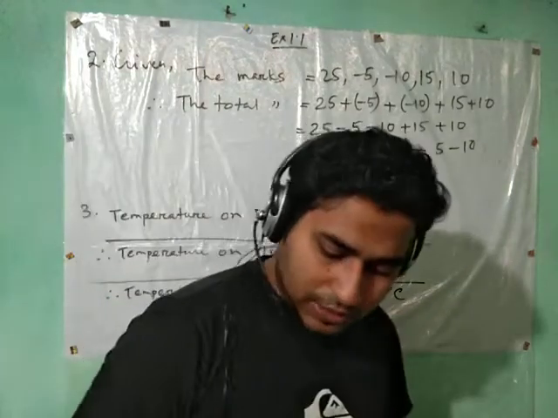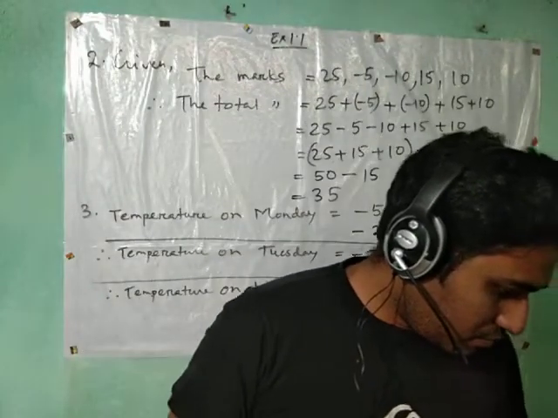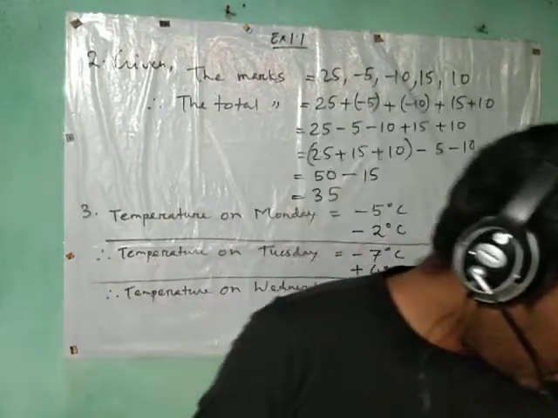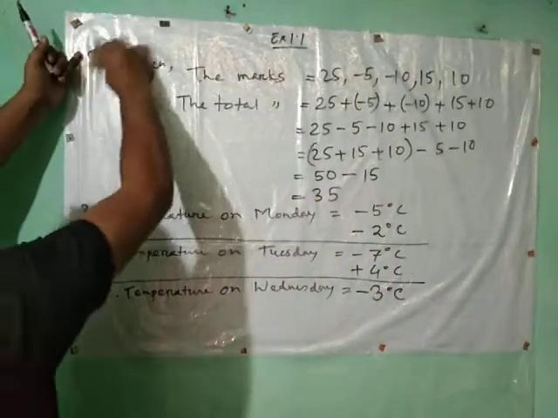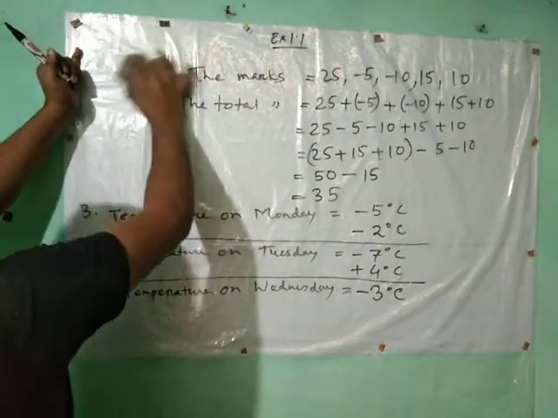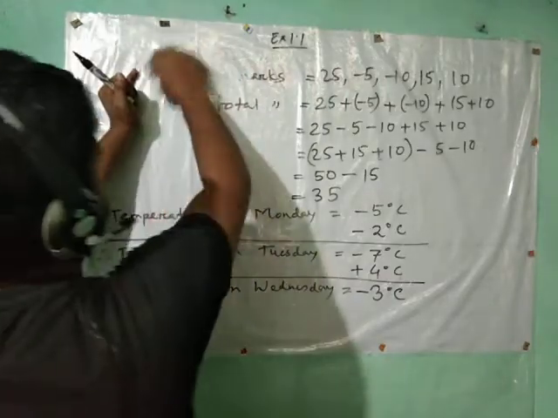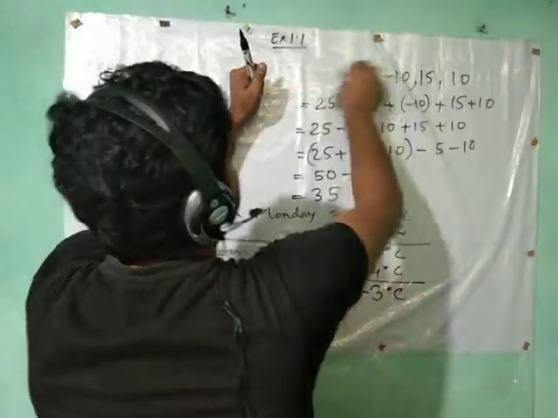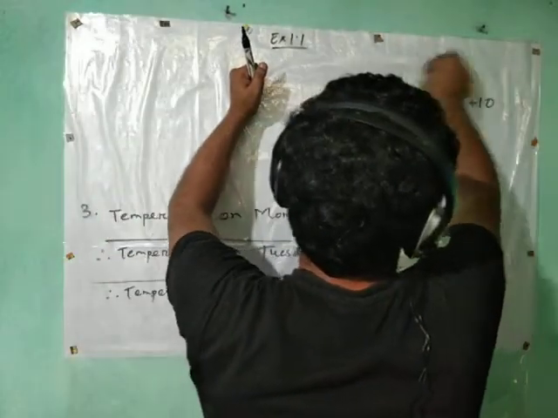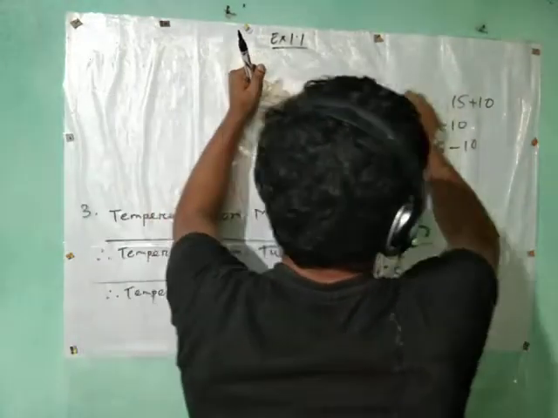Now look at question number 4. What is there? If you see question number 4, you have to draw a diagram for that actually. Try to read and understand the question.